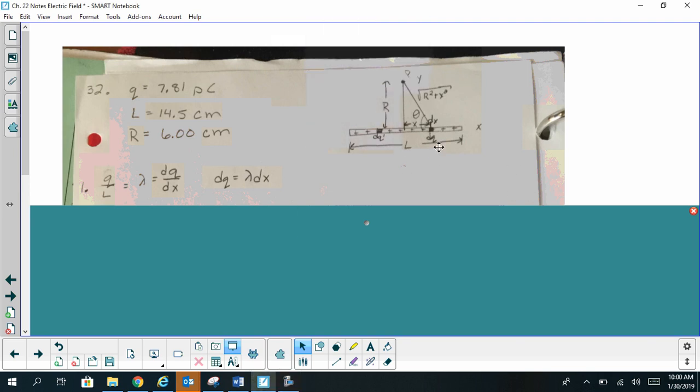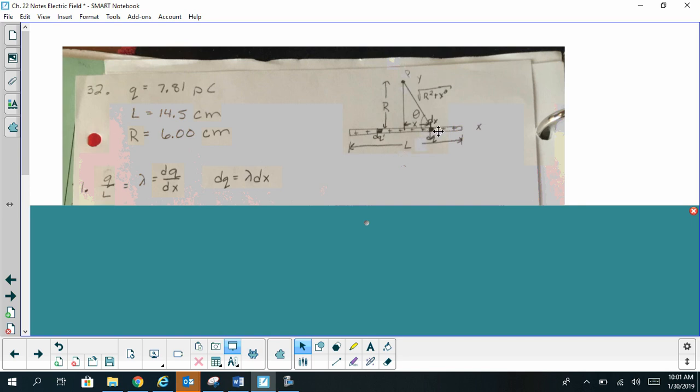So you can see here, unlike our arc, the distance between point P and the charged rod is going to vary with where that dx element is. Are you with me? So I am calling the distance from our line up to that point P our capital R, and that's going to stay constant.